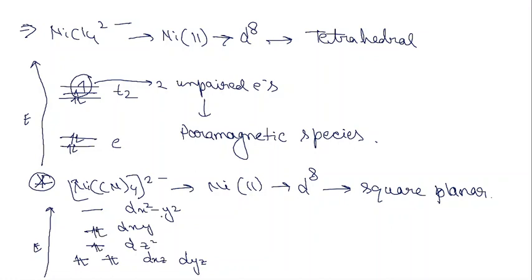You know that sir already discussed all these things. Here the energy gap between these two levels is high, so whenever we fill the electrons, we have to take care of this. First we fill these electrons and then move to the next. So this is a diamagnetic species, as there is no unpaired electron.